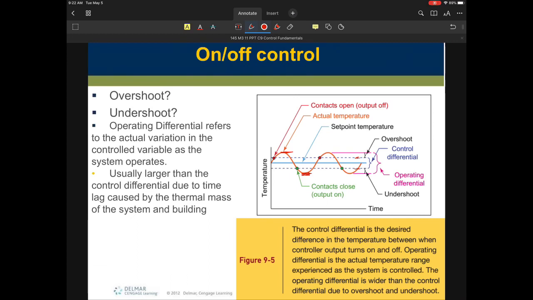This could be the thermal lag of the boiler. This could be the thermal lag of your heat emitter, the mass of that, the building.